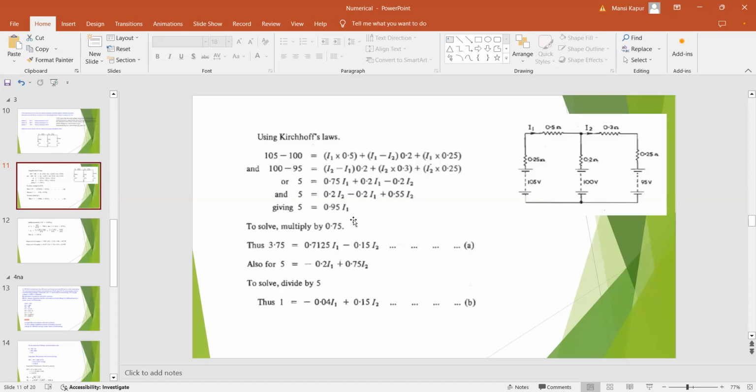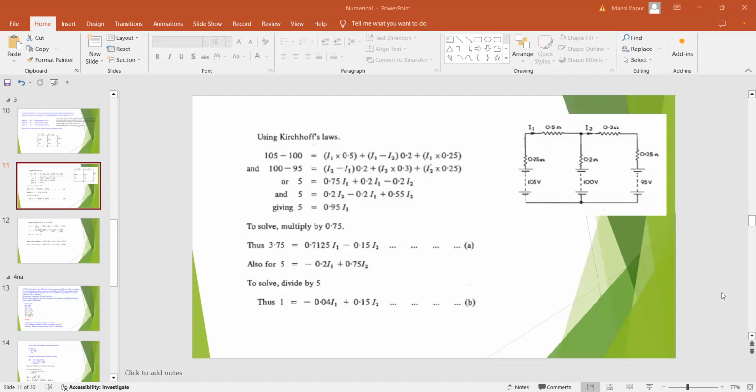When we multiply equation number 1 with 0.95, what will you get? What is the value of I1? 0.95 into 2 is how much? 0.95 multiplied by 0.2 is 0.19 I1, right?